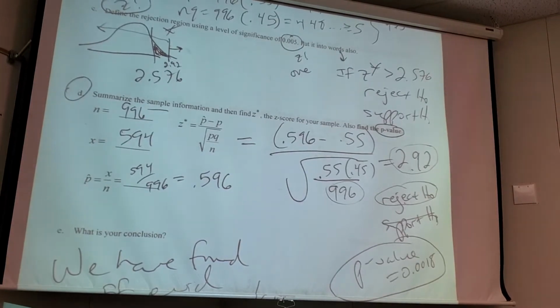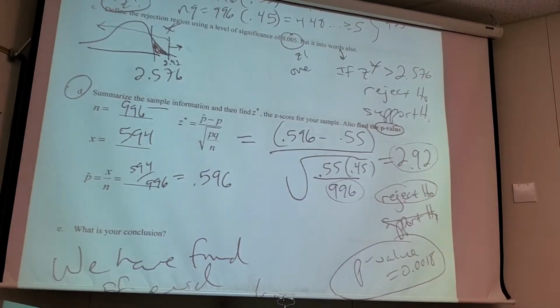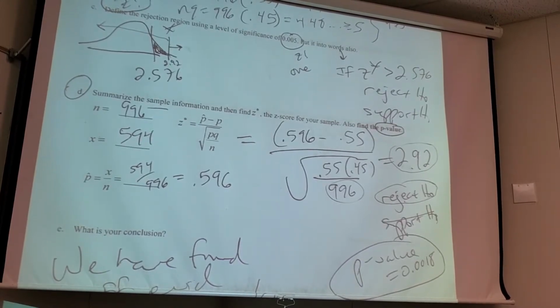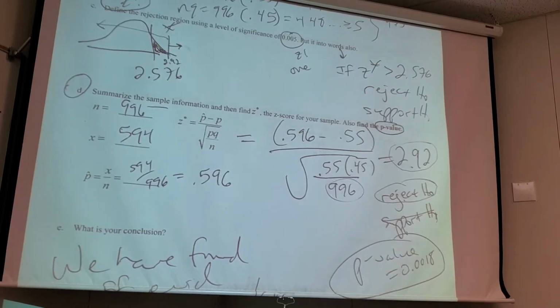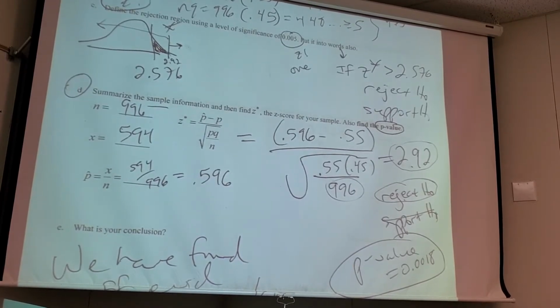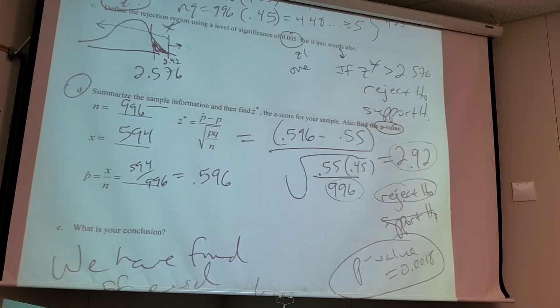If my claim was it's less than 55%, and my sample's got 59.6%, I'm not doing the test. There's no point. There's no way that could be evidence that it's less. Technically, the tail has to be the same direction as the rejection region.